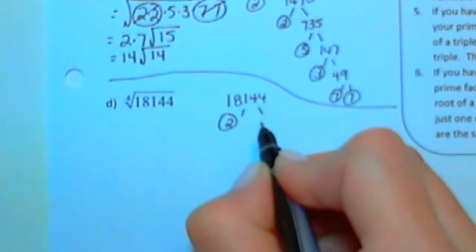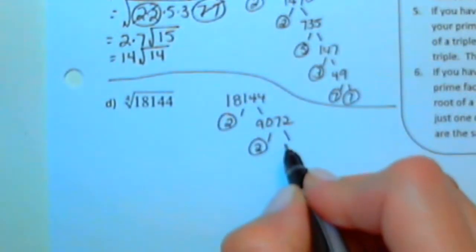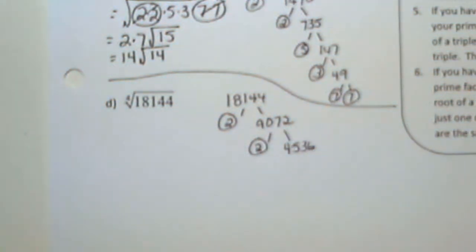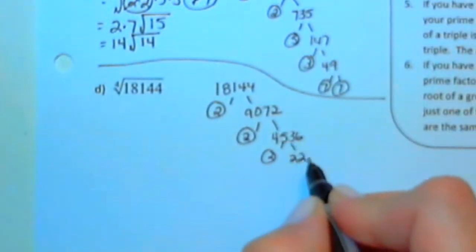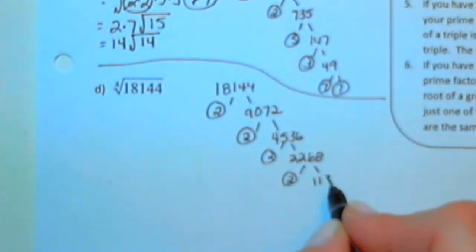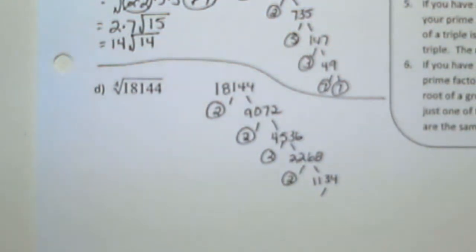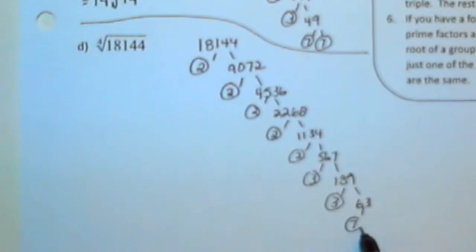That's going to be 2 times 9,072, which is 2 times 4536, which is 2 times 2268, which is 2 times 1,134, and then divided by 2 again is 567, and then that's 3 times 189, which is 3 times 63, which is 7 times 9.